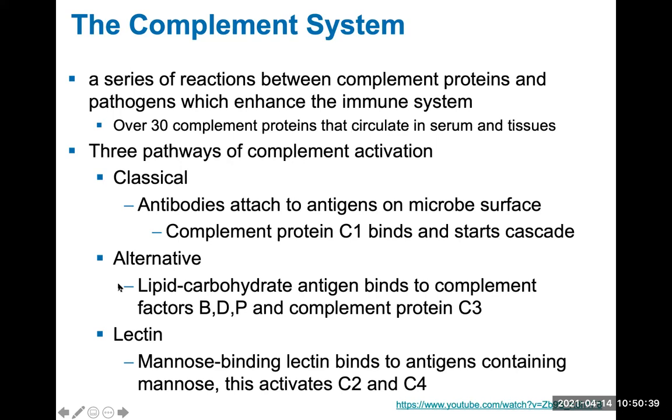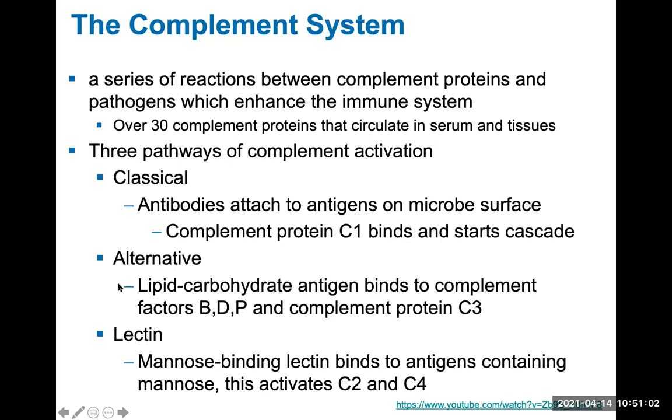All three of these pathways, though they are initiated by a different mechanism, eventually get to the same step of splitting the protein called C3, and that is what will lead to the effects of the complement system.